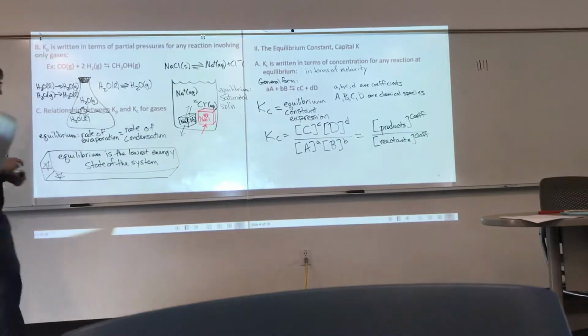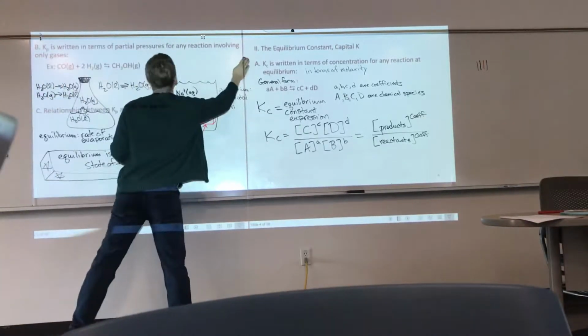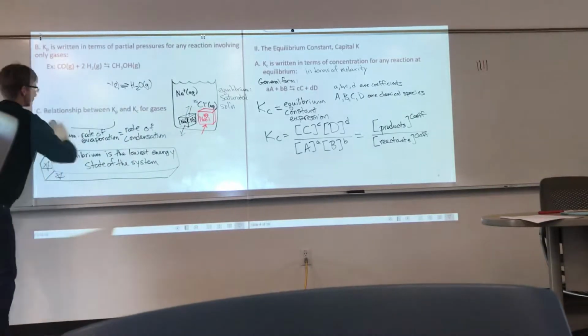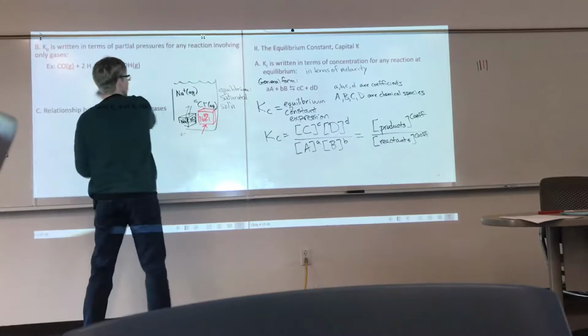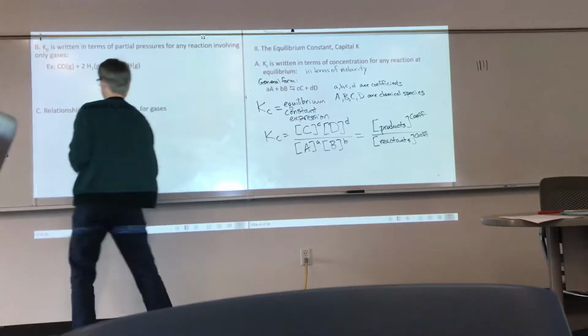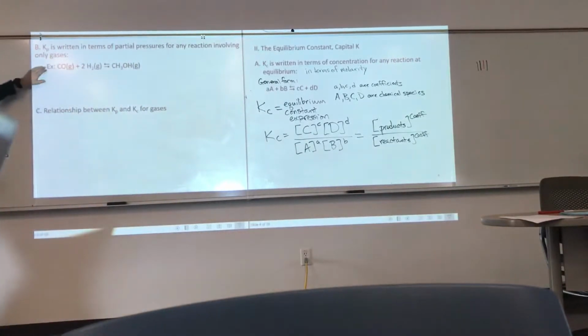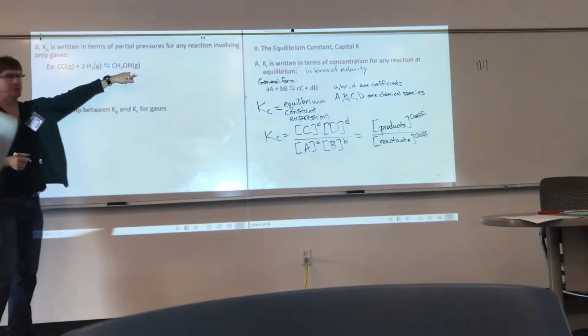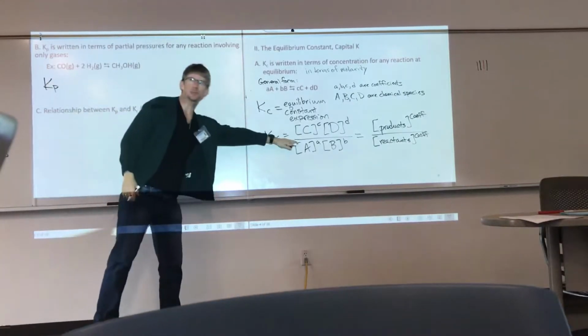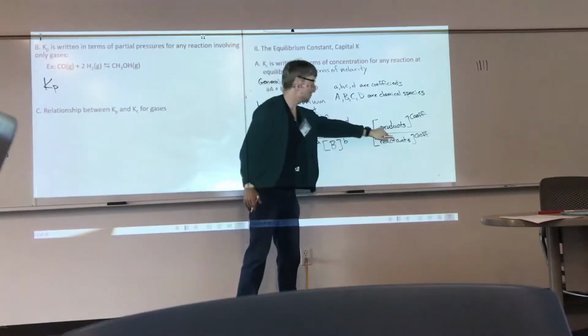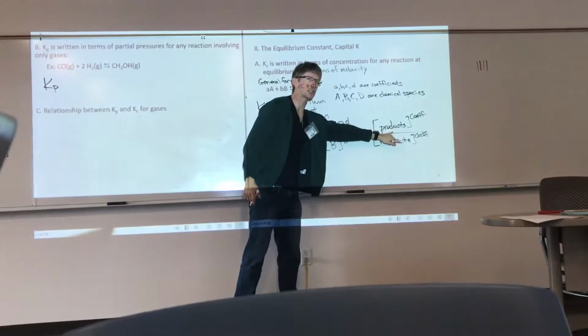Kp is written in terms of partial pressures. For any reaction involving only gases, this reaction involves only gases. It's the same type of expression though, except instead of concentrations, we will now have partial pressures.